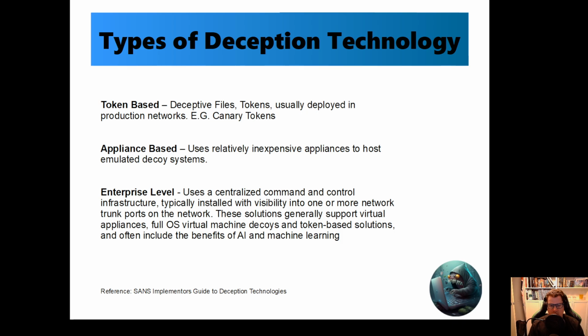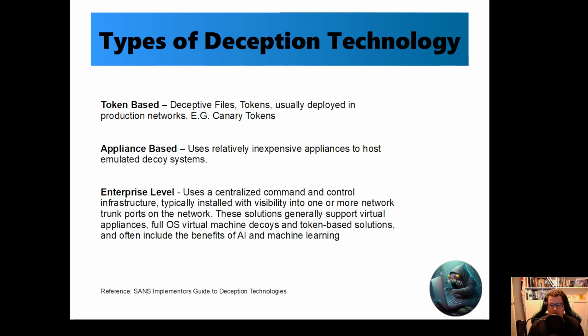Appliance based, still fairly inexpensive, still fairly easy to deploy, but does require an integration into your network. And these can be used to simulate specific environments. Enterprise level can be a lot more complex and can even be an entire replica of a production system.